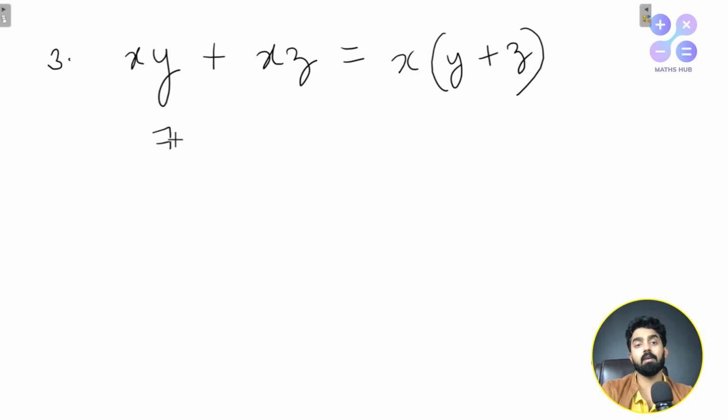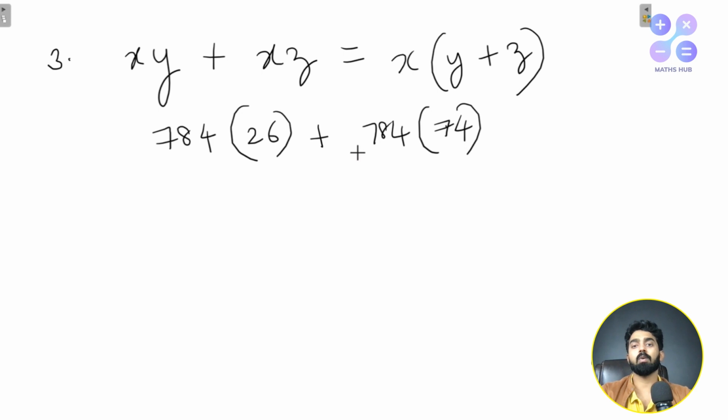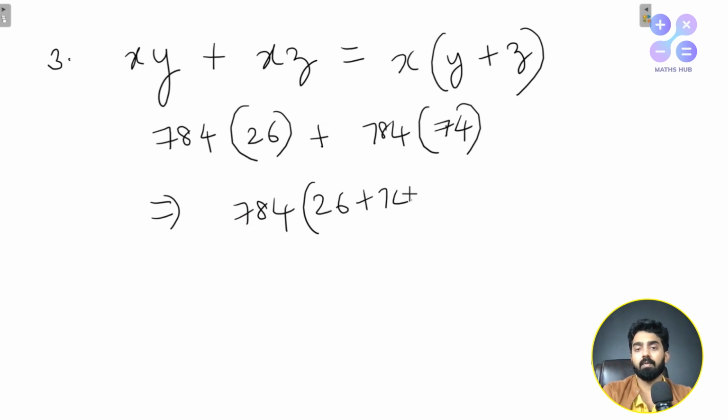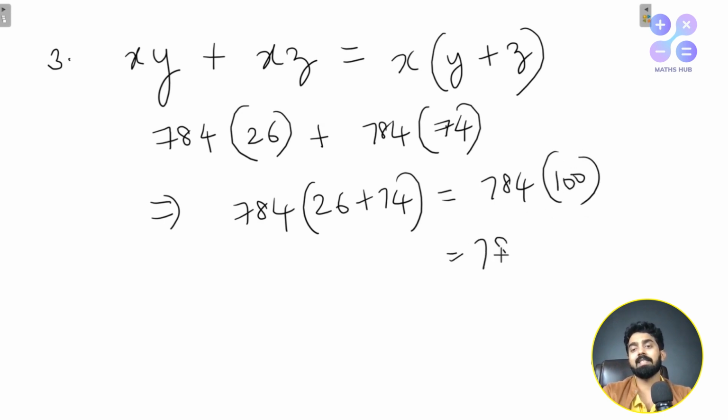For example, if you have 784 times 26 plus 784 times, let's say, 74, you might have to multiply each first and then add them together. But to make it simple, you can take 784 as the common factor and multiply it by 26 plus 74, and this would give you 784 times 100. That gives you a much easier way to calculate.